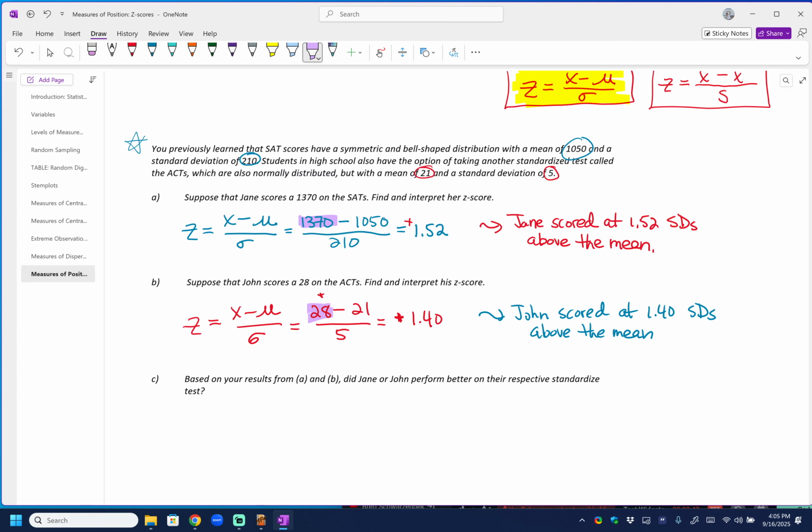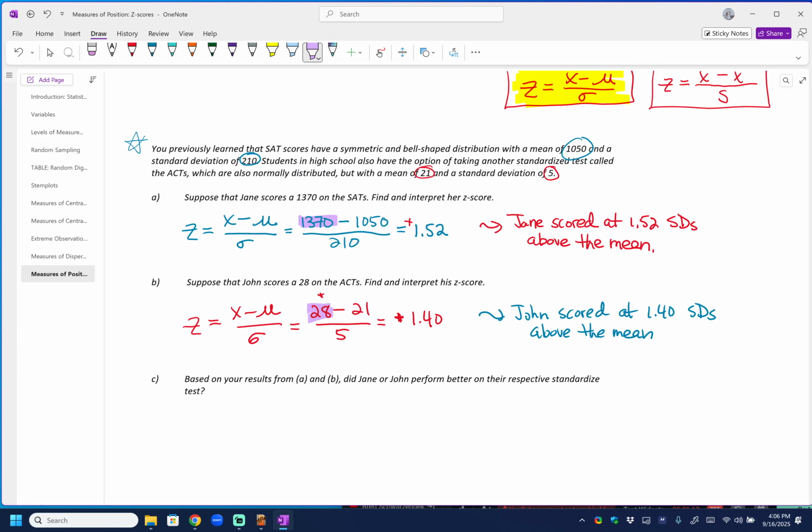So we actually now know who did better because the z-scores have told us the position of their scores. Whereas Jane has a position of 1.52 standard deviations above the mean, John has 1.40. Clearly, Jane is higher in terms of her position, which means she scored better on the SATs than John did on the ACTs.